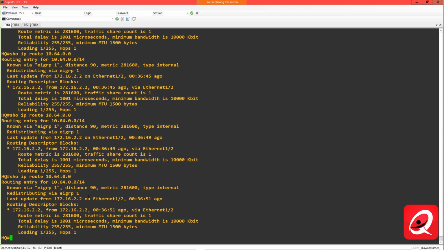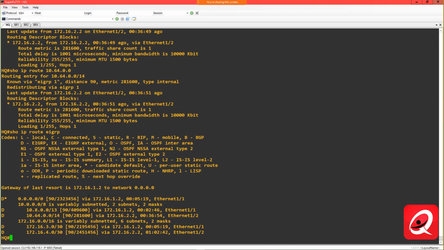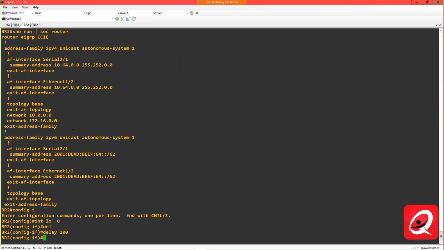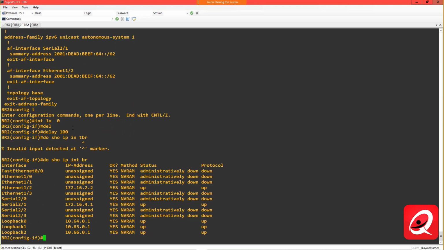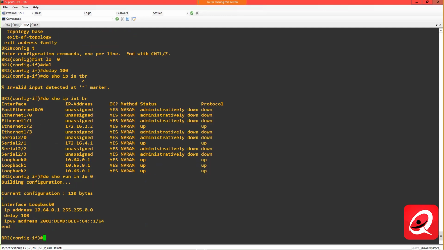Why didn't it go down? Show IP route EIGRP. 2816000. Let me make sure. Do show IP interface brief. It is loopback 0, 10.64.0.1. Do show run. Loopback 0.